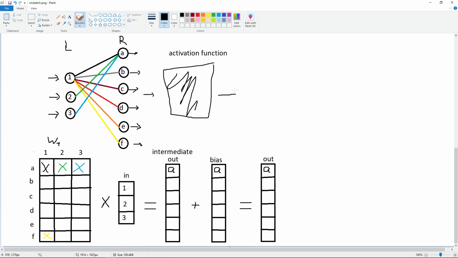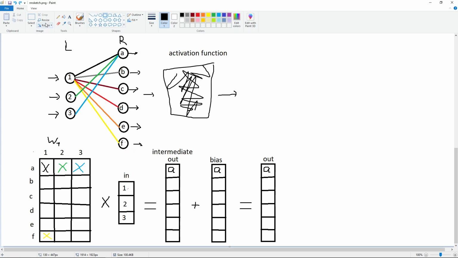That's why usually you see the term non-linearity associated with the activation function, because this activation function is not linear, and so these 6 numbers go in and then 6 other numbers come out.